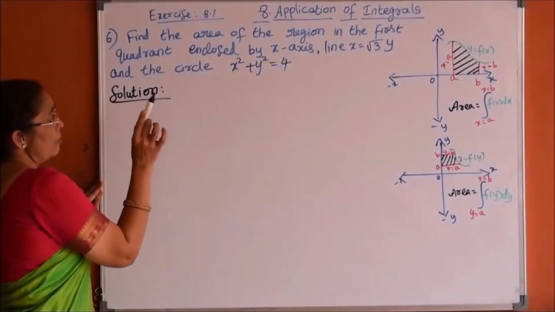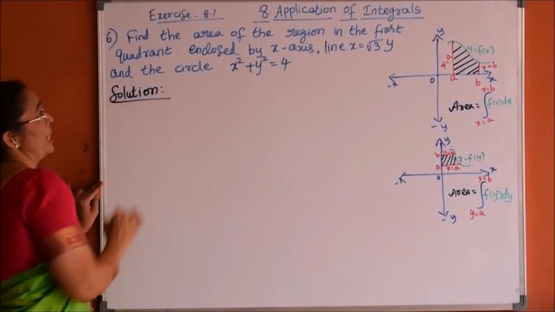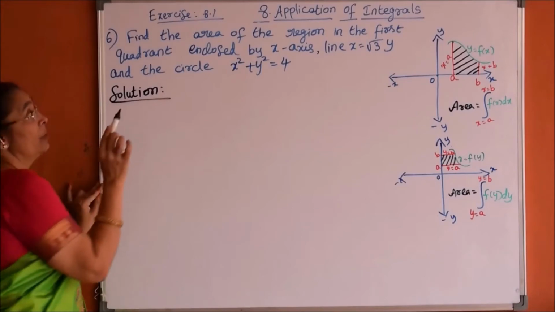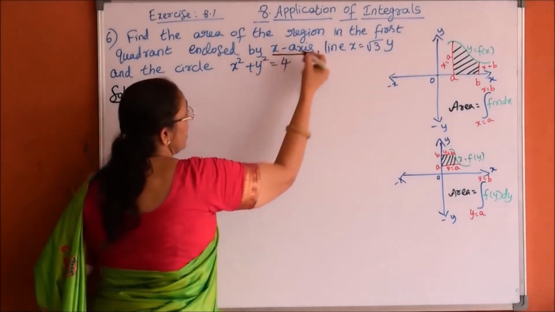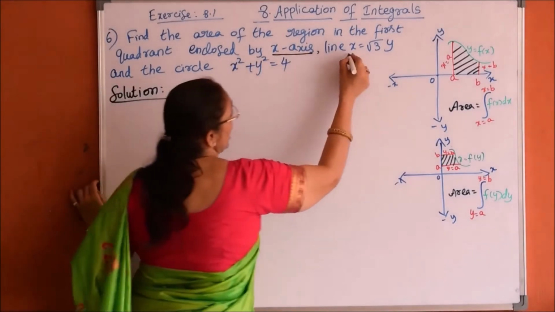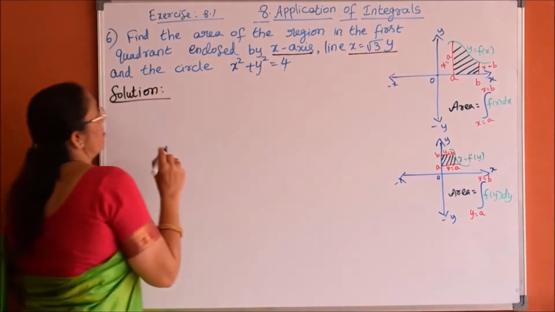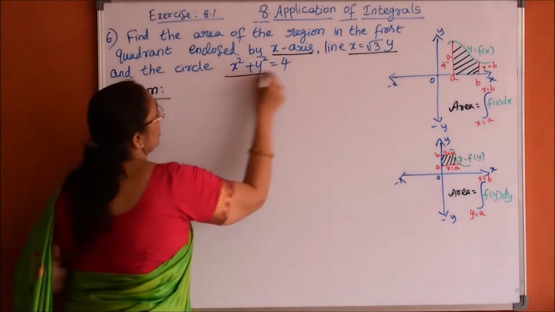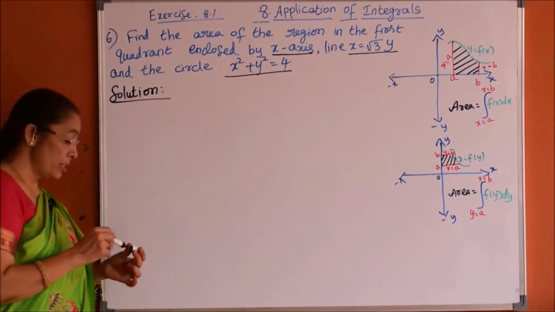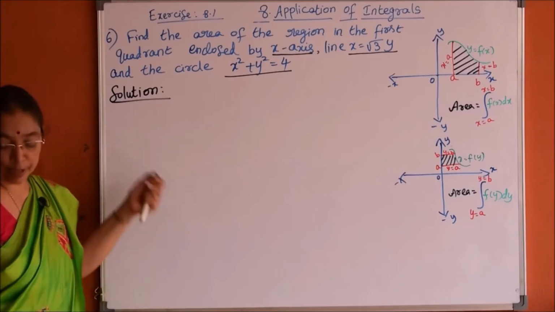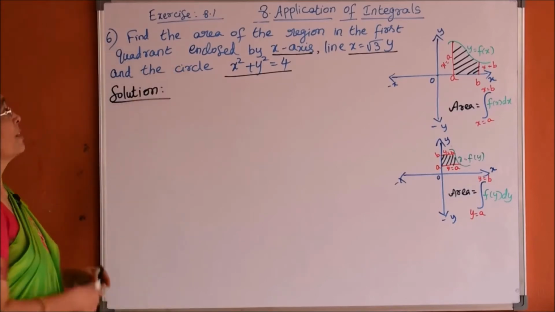Find the area of the region in the first quadrant enclosed by the x axis. Let me underline, x axis is one line, the line x is equal to root 3y is another one, and the circle x square plus y square is equal to 4. First let us sketch the graph of the given area.